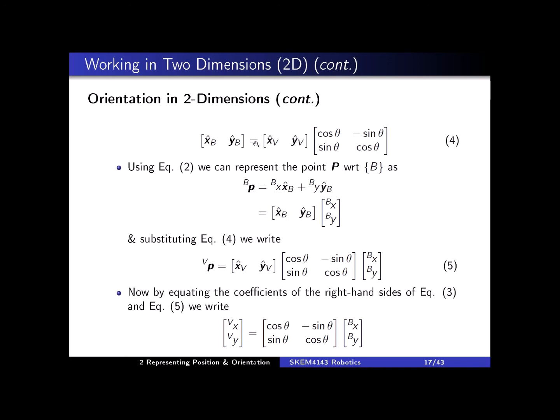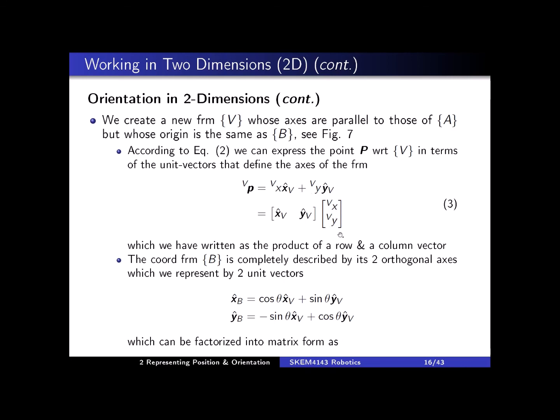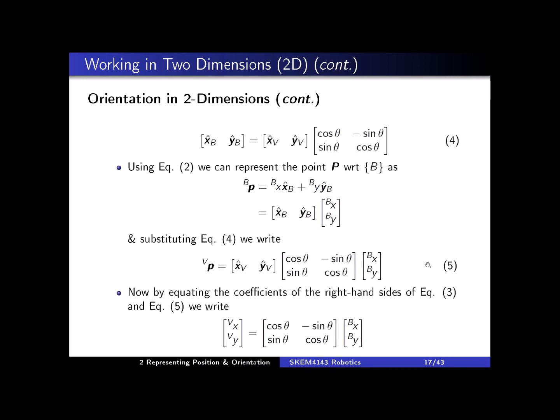Because we have a description for the unit vectors x hat b and y hat b, if we substitute this in here, we will get this. So this is another description of PV. Earlier we had PV, and now we have another PV.